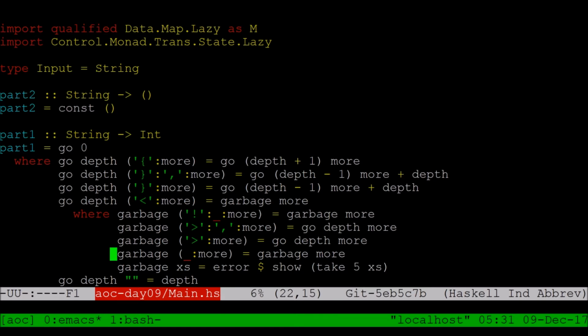A better solution would be something that looks a lot like this, but instead of just computing a number, it would be building up a tree. Garbage would return a list of characters that were actually included, basically a single string, which is the contents of this block of garbage.